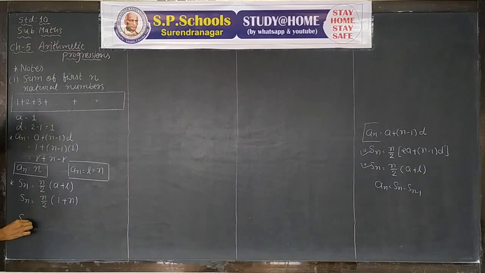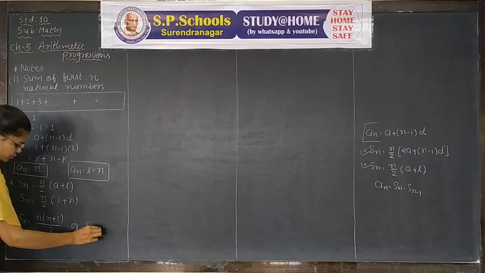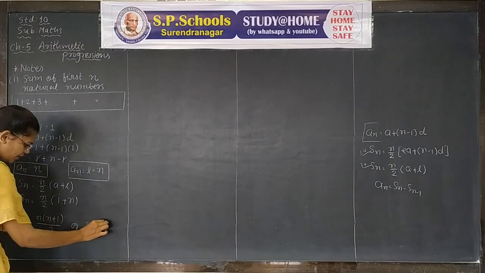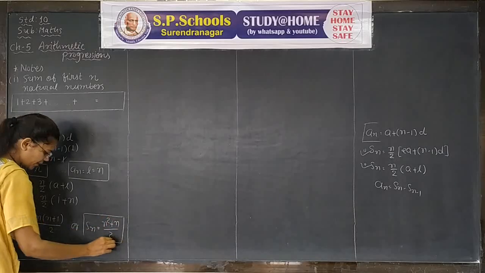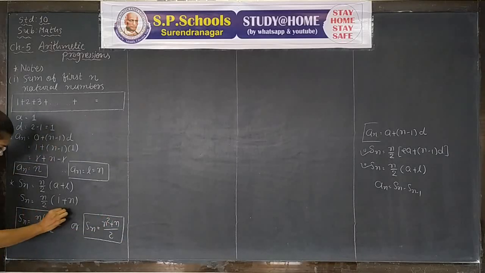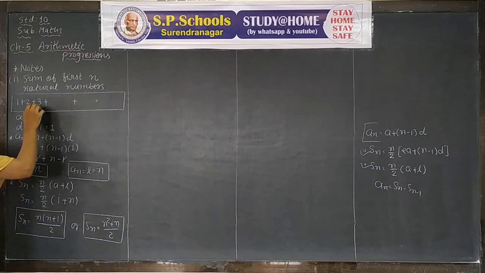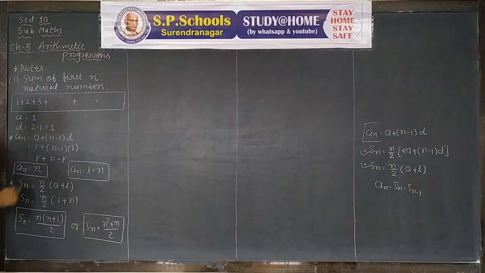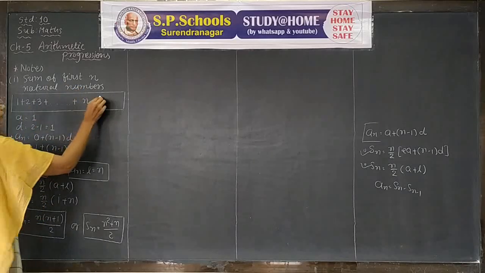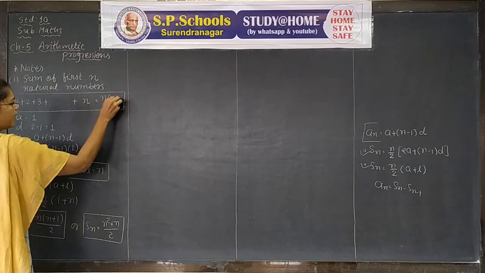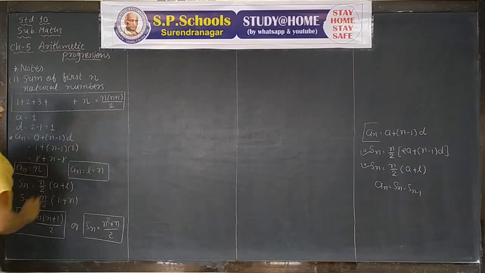Hence, Sn is equal to n into bracket n plus 1 upon 2, or Sn is equal to n multiplied with bracket, we get n square plus n upon 2. But keep in mind only n into bracket n plus 1 upon 2 is the sum of first n natural numbers, where an is equal to n here, and the sum of first n natural numbers is equal to n into bracket n plus 1 upon 2.